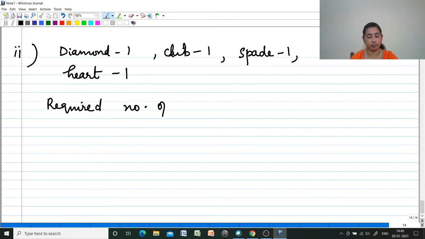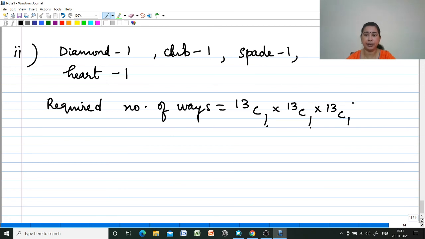number of ways is equal to, from 13 you can take one, because all the 4 cards which we are selecting are different. So 13C1 into... why are we multiplying? Because one we have to take from diamond, and the second one from club, then third one from spade, and fourth one from heart.